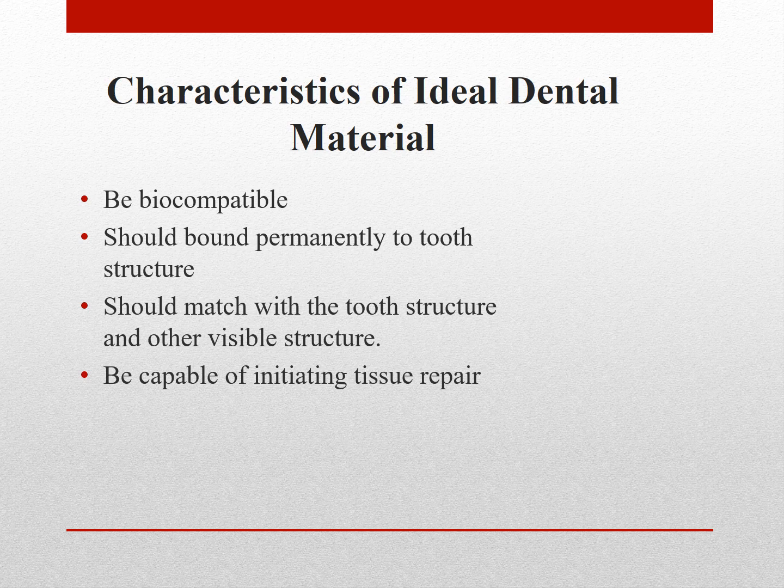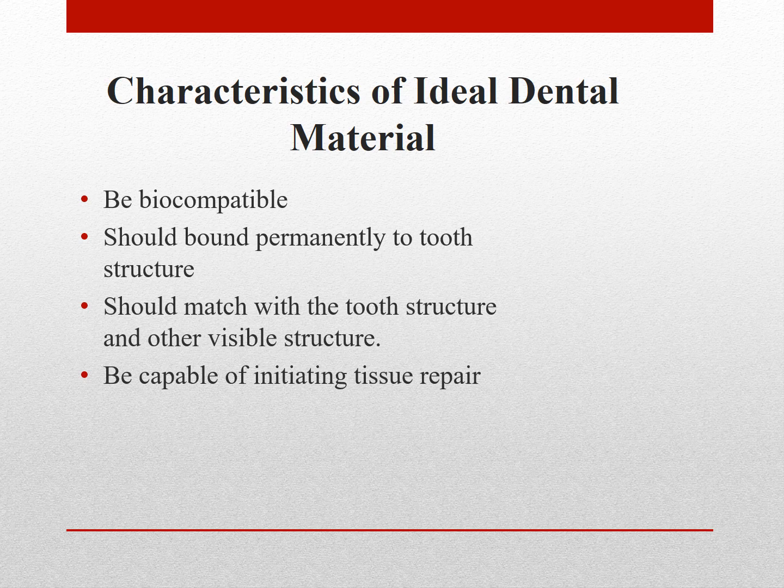I would say that it is not necessary that every material which we are using in dentistry should have all these qualities, because if we are using a certain material outside the mouth, then it doesn't matter if it matches with the tooth structure or not.